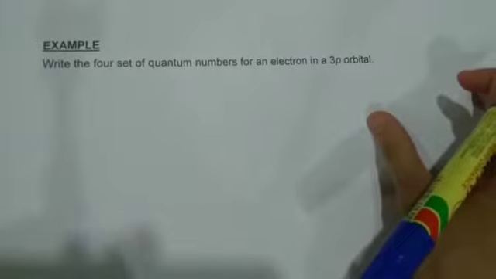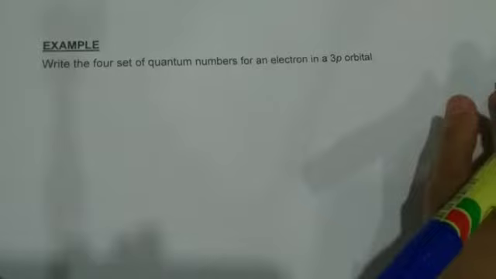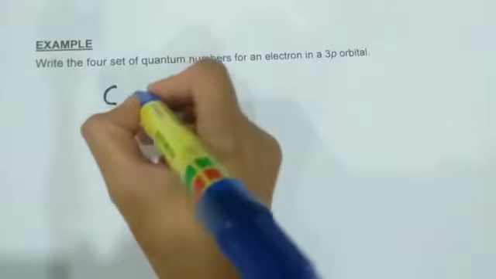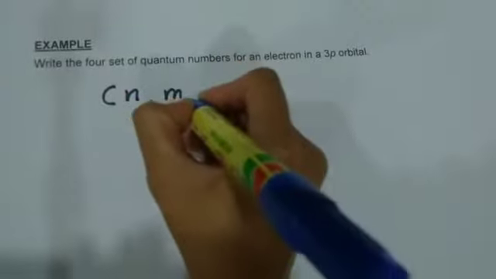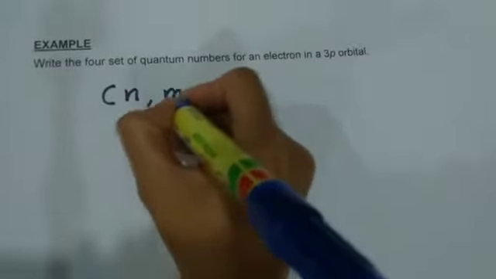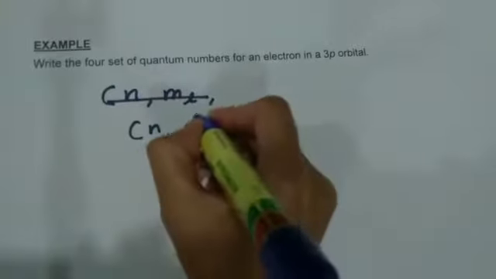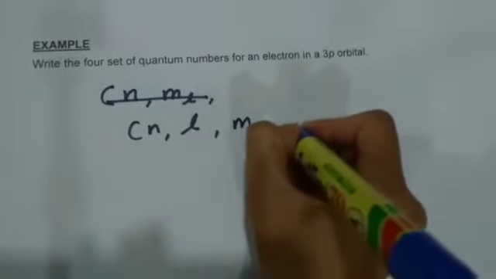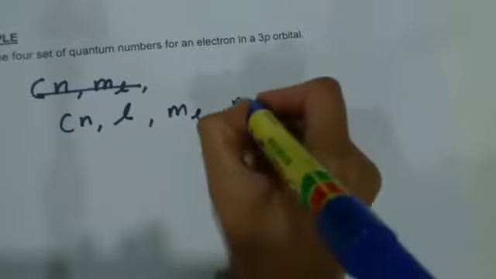Let's say we have another question, the last question. After this you can try the tutorial questions. Write the set of quantum numbers for an electron in a 3p orbital. If they say set of quantum numbers, it must be in this format: n, l, ml and your ms, the electron spin.